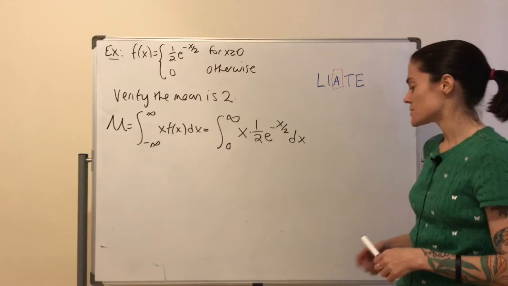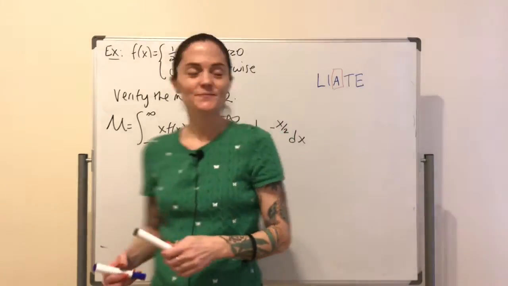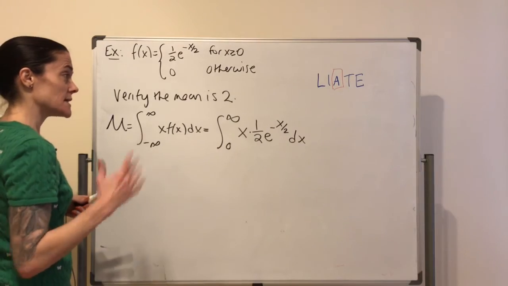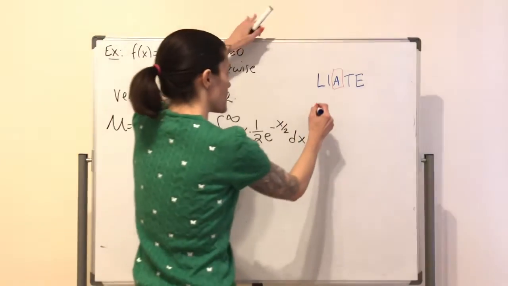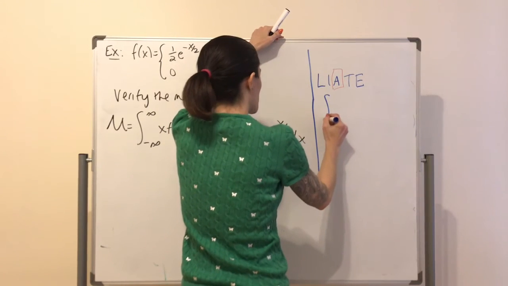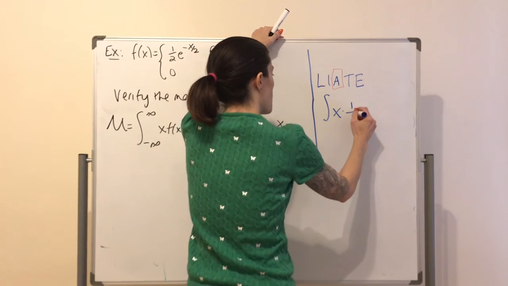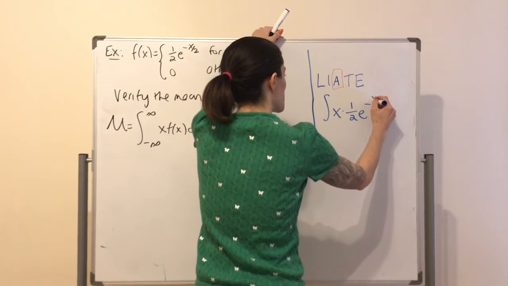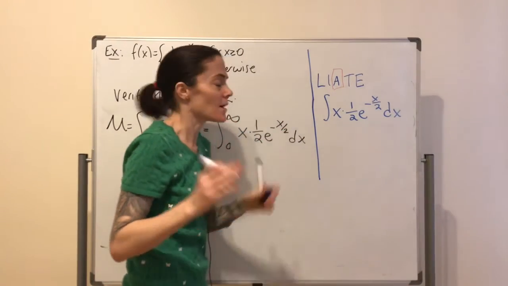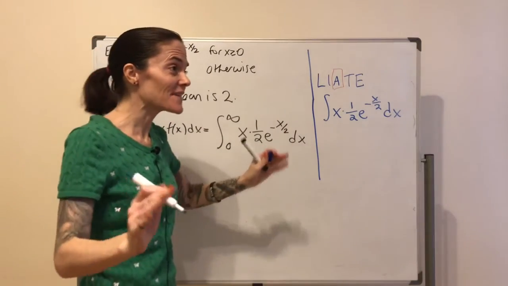So maybe first let me come to the side. How do I want to do this? Indefinite first? Yeah, we'll do that here maybe. I'll come to the side right here, and we will calculate this: x times 1/2 e to the minus x over 2 dx. The indefinite integral.